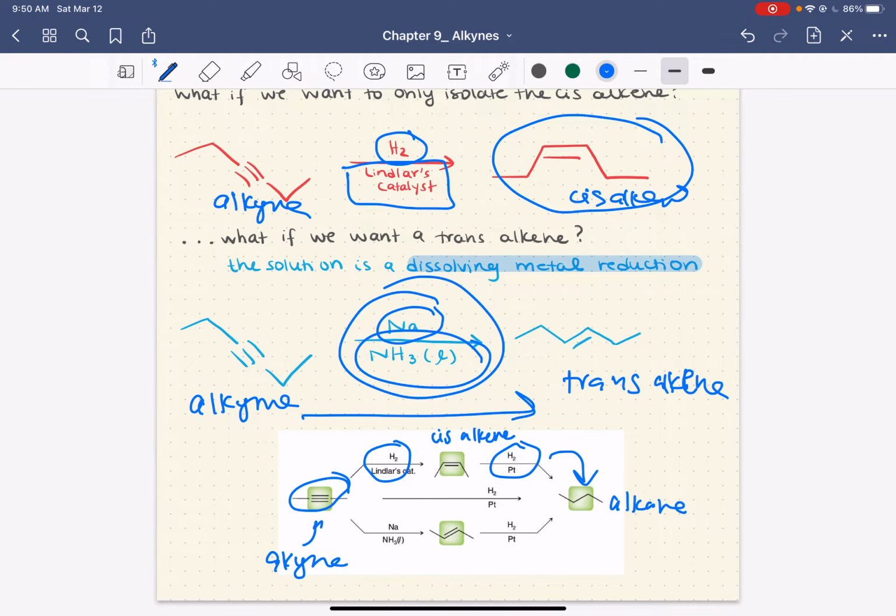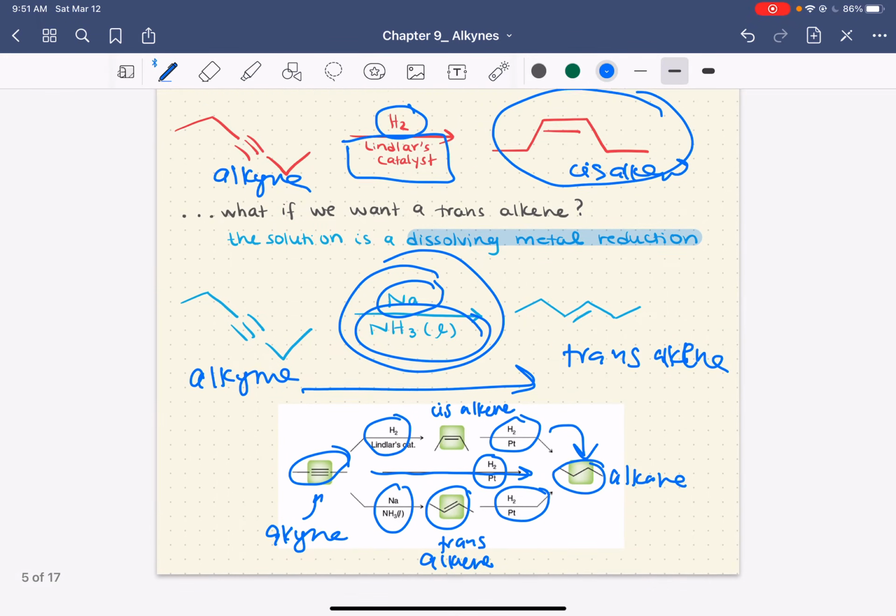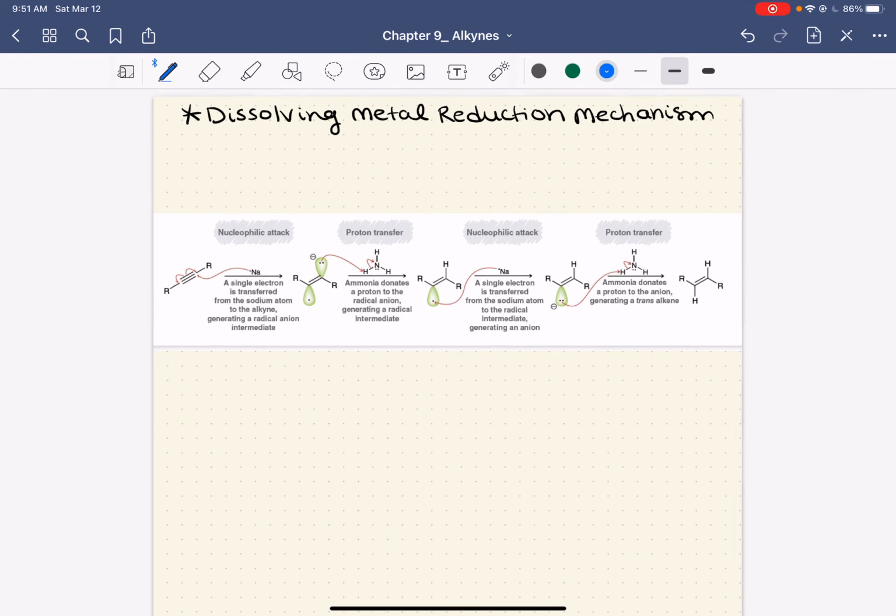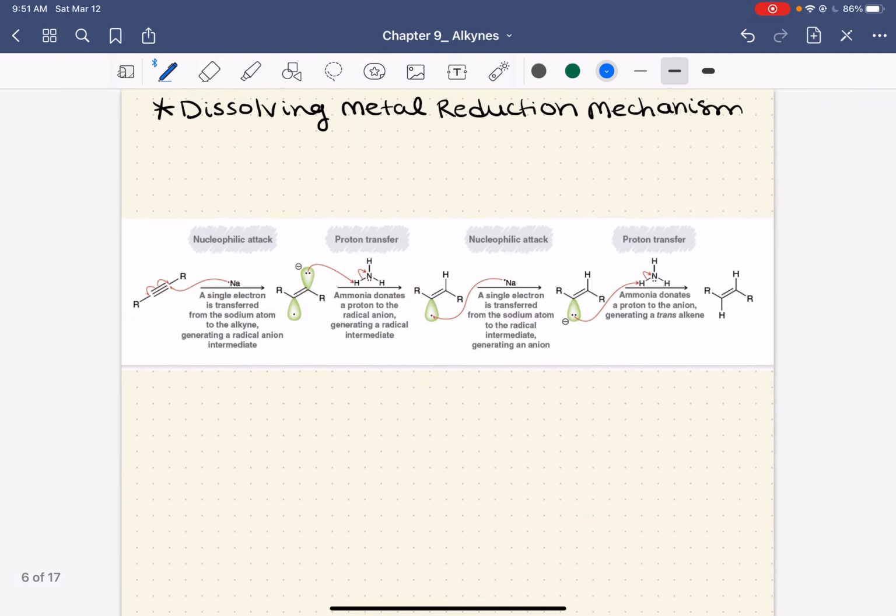Or if you want single bonds right away, you can just take your triple bond and treat it only with molecular hydrogen and platinum. That will also give you an alkane. If you want a trans alkene, sodium dissolved in liquid ammonia will give you a trans alkene. If you change your mind and want single bonds, you can treat it further with molecular hydrogen and platinum. Fantastic. Now what we want to do is look at this dissolving metal reduction mechanism, because it's interesting.